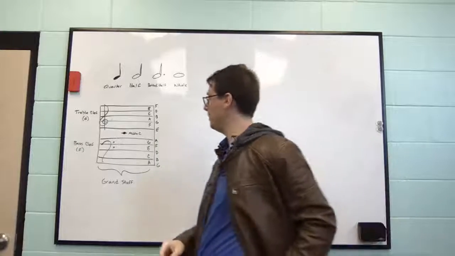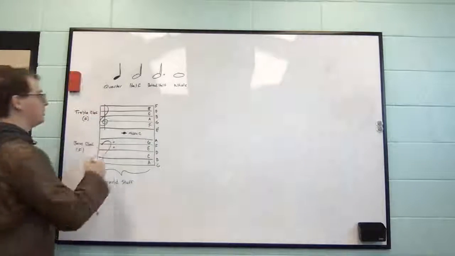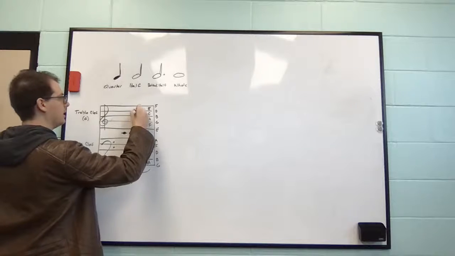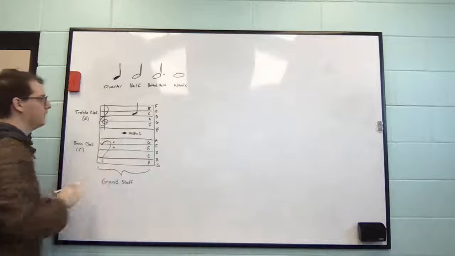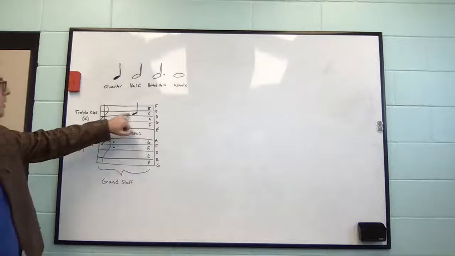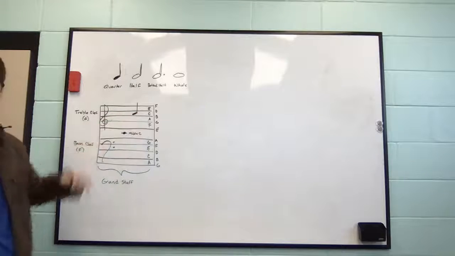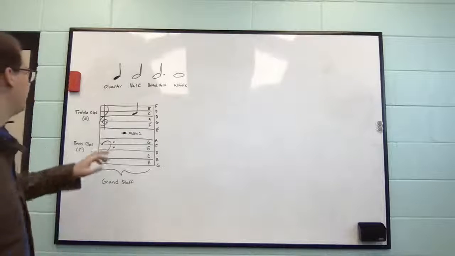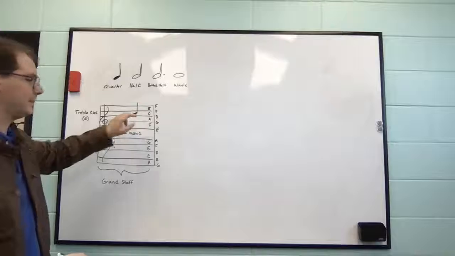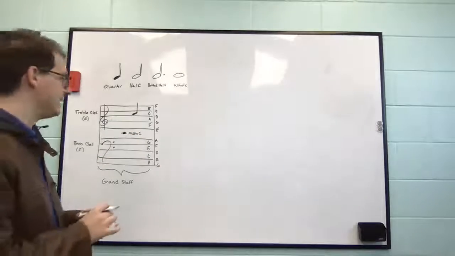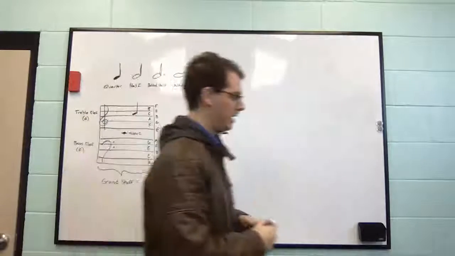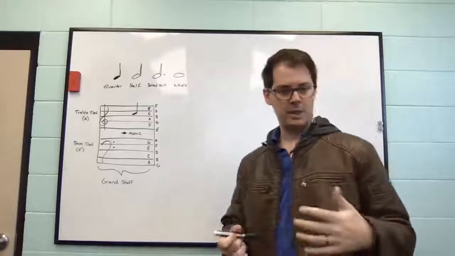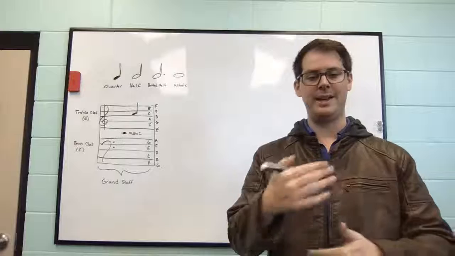So for example, if I drew a quarter note right here, a quarter note on this space is a C. Now, it's not just a C, this is a specific one. It's called C5.